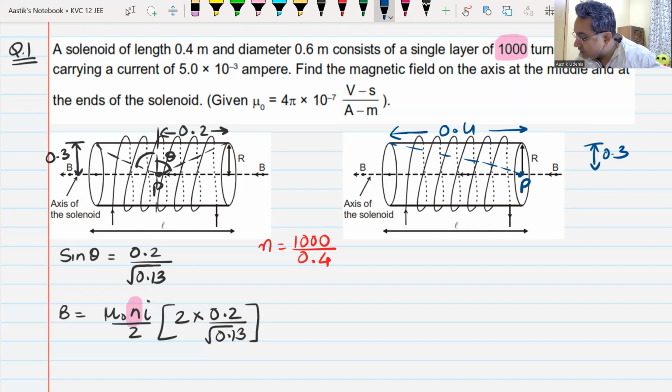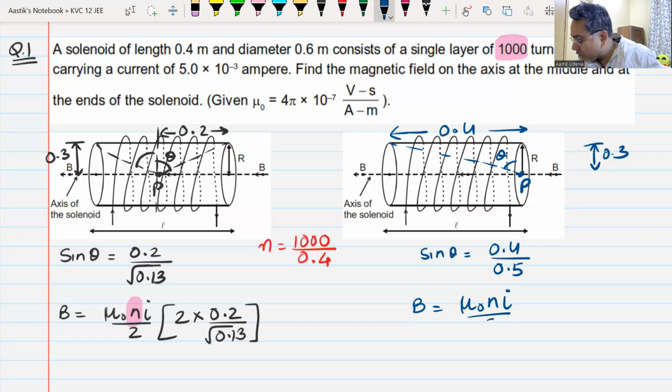So sine of this theta will be equal to 0.4 divided by 0.5, 4 by 5, yes or no? Yes, sir. So magnetic field here will be given by mu naught N I by 2 multiplied by this sine theta, which is 4 by 5.